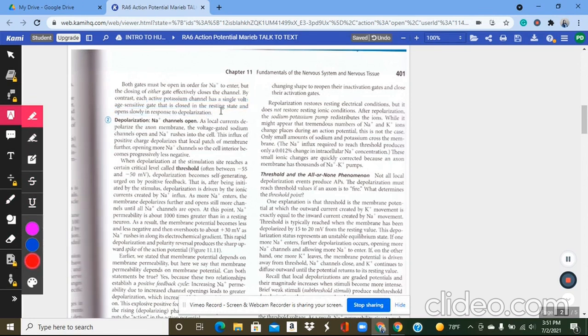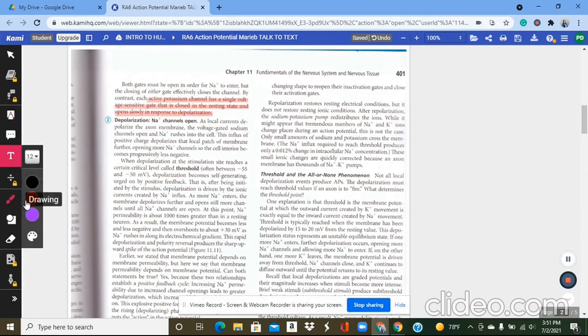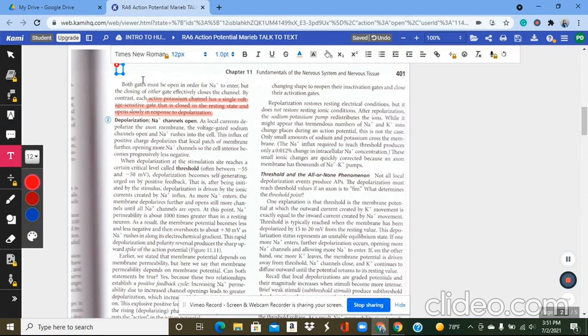So, I will highlight it in red and then put my question here at the top, saying how does depolarization, more specifically, what is the process involved that allows the active potassium channel to slowly open in this stage?